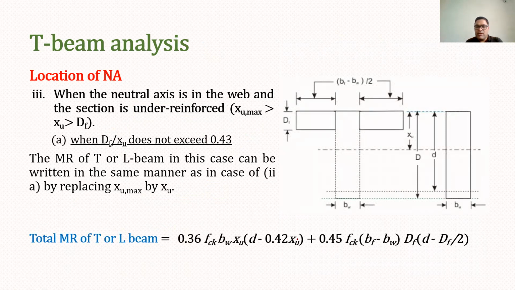In case 2A, we were using 0.42 Xu max. So here we are using 0.42 Xu. All the diagram, all the things will be the same except the value of Xu. So here we will replace that, and here also Xu max will be replaced by Xu. This one is the same. Change is in this term.